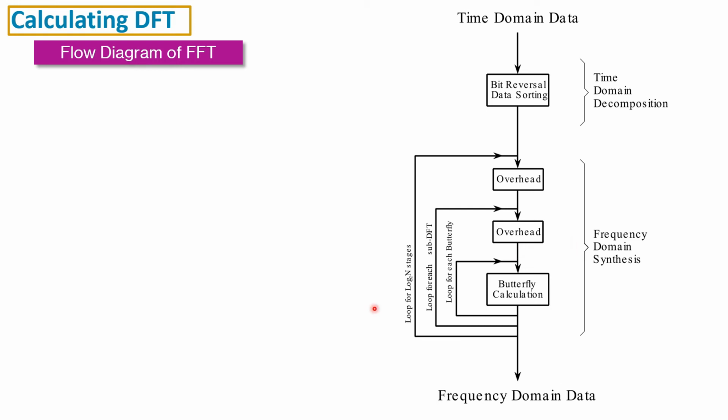Means we have to combine the frequency domain spectrum, okay, that is called frequency domain synthesis. So this part is the decomposition part, and the second part is the synthesis part, okay.